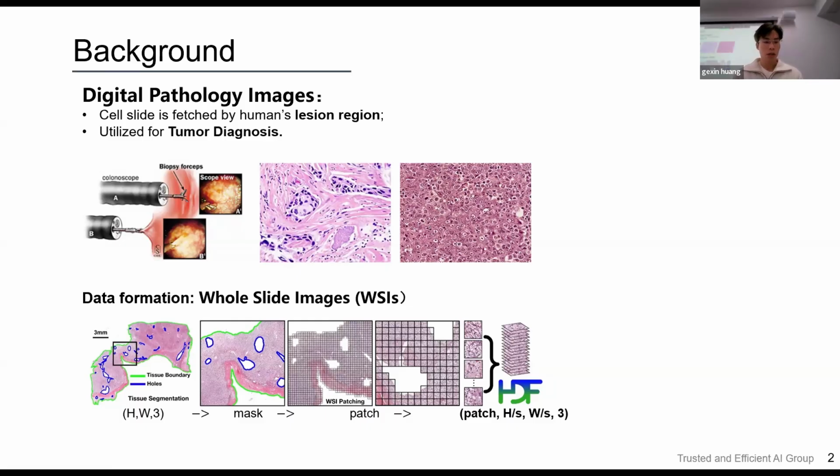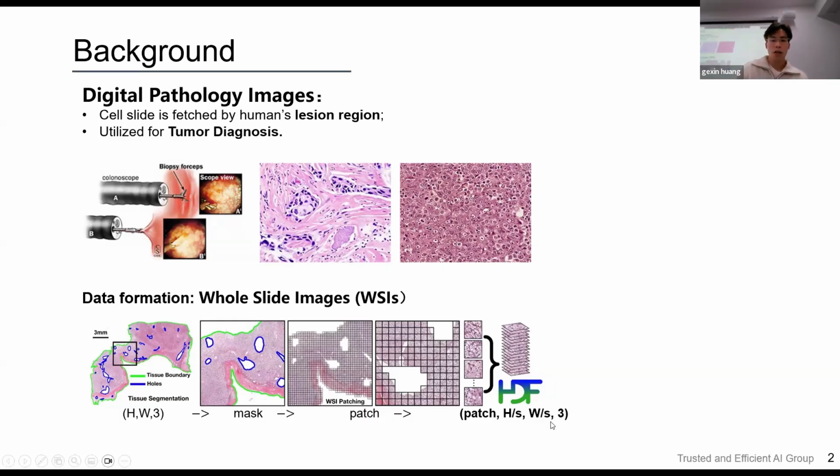features, which means, as we can see in this whole slide image, it can be patched into maybe billions of patches, and each patch can be used to obtain corresponding image features. This patch maybe can be viewed as a 256 squared image patch.